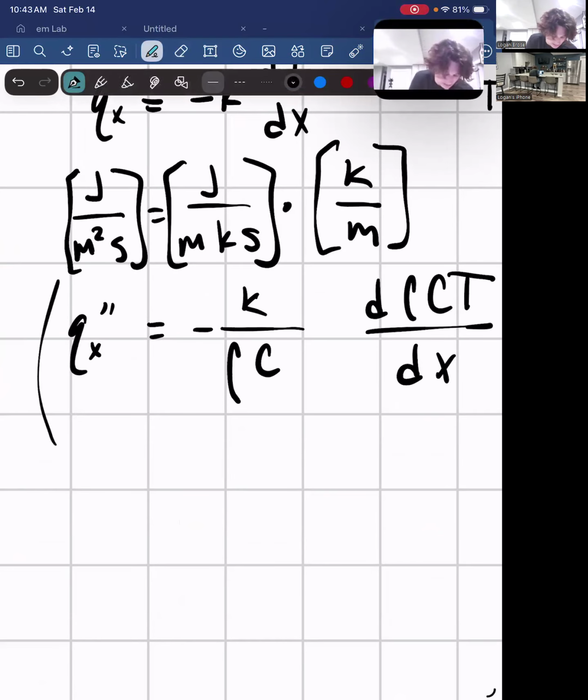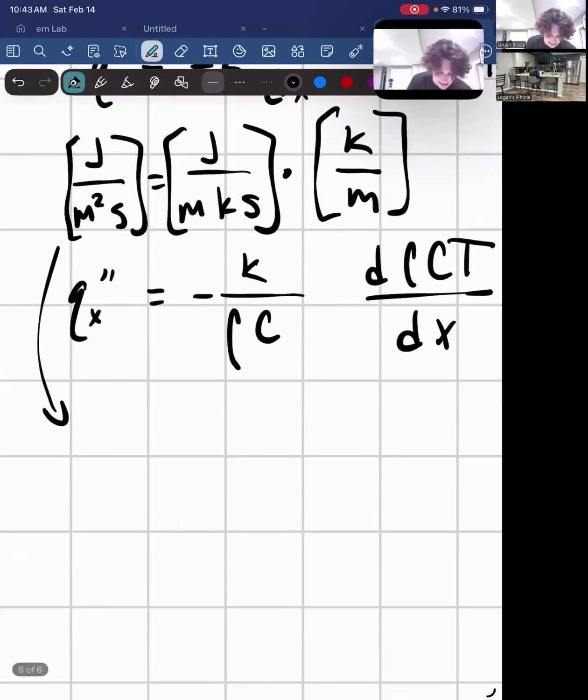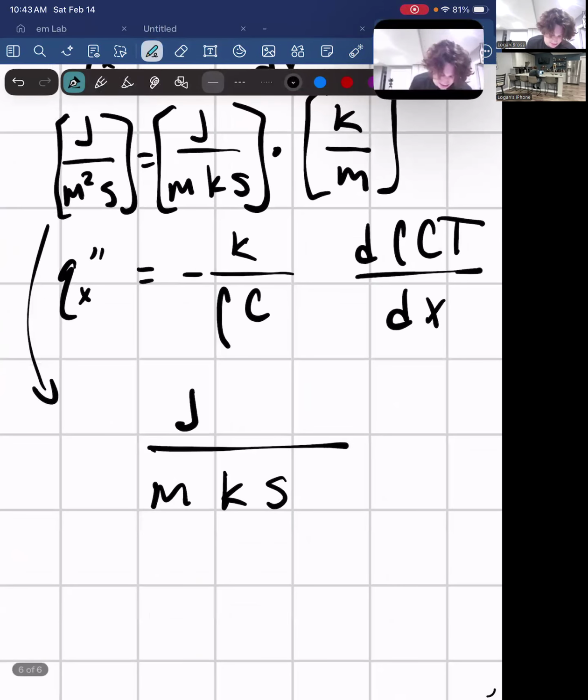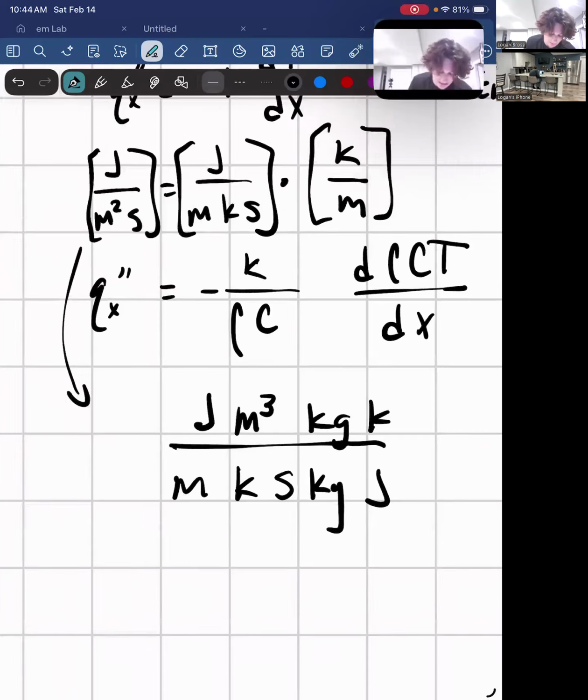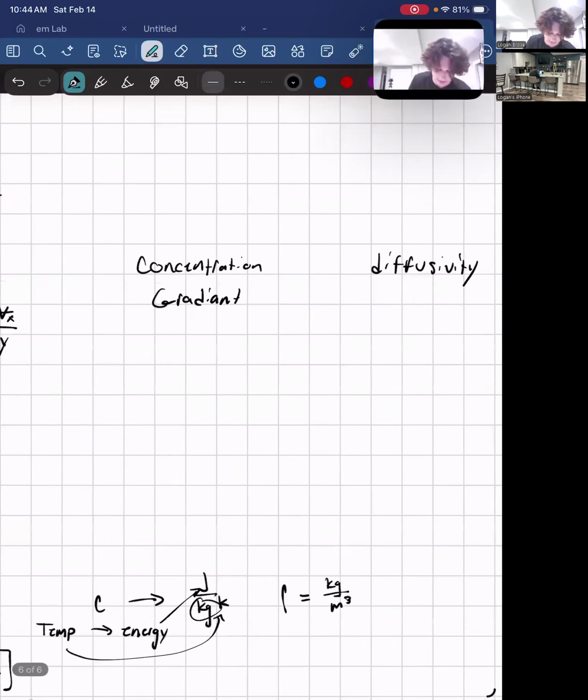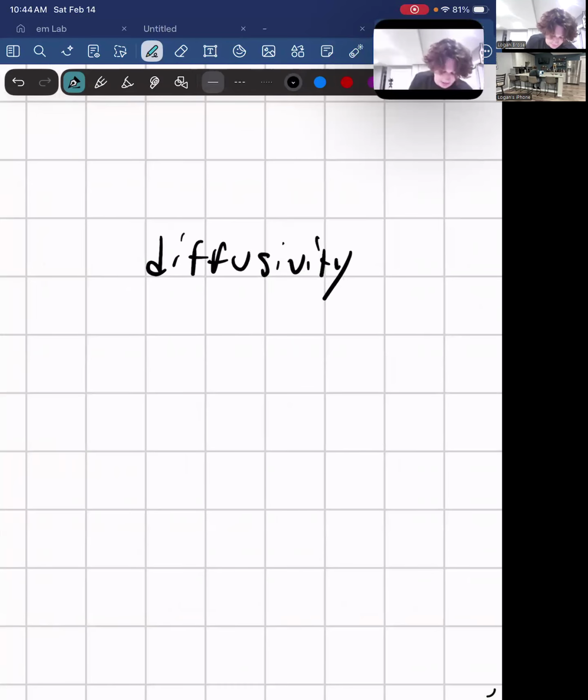So these will just come down. And this now becomes joules per meter Kelvin seconds. That doesn't change. And then our density is kilograms per meter cubed. And our heat capacity is joules per kilogram Kelvin. Now, when I said earlier that we wanted to relate everything with the diffusivity, it has the units of meters squared per second.